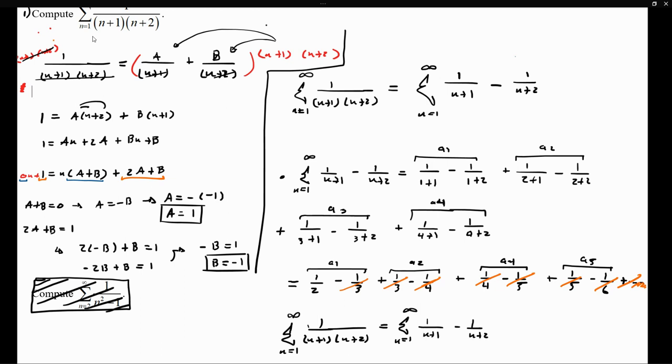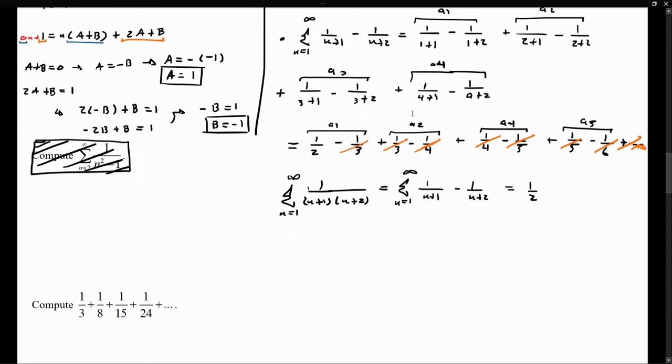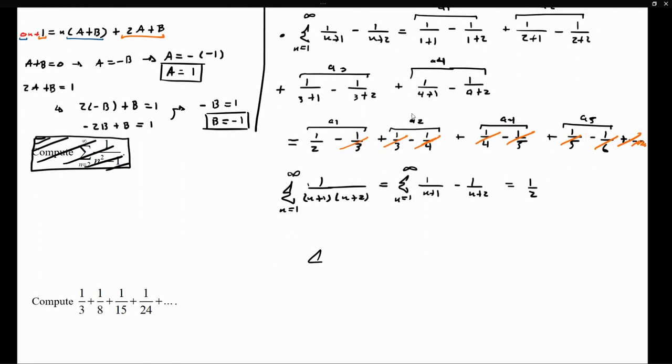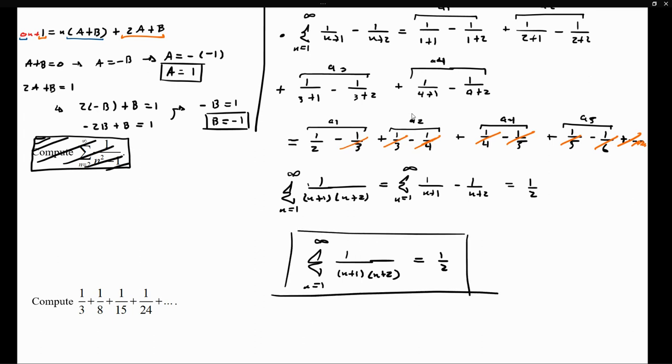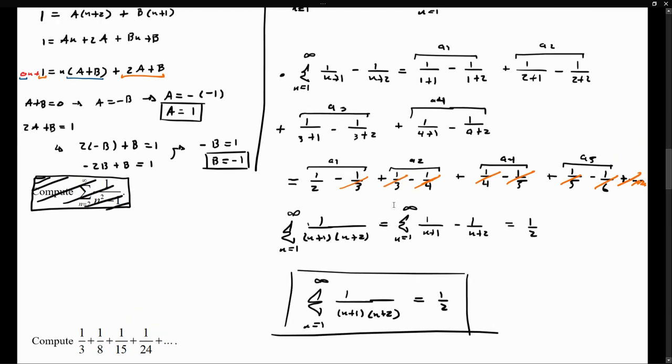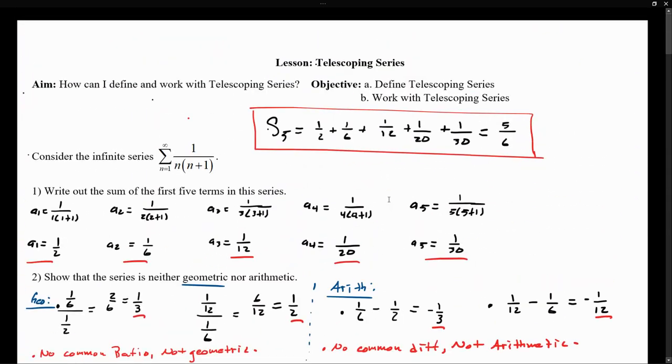And we have already shown that this series is equivalent to just 1/2. So therefore, our conclusion is that the infinite sum is just equivalent to 1/2. So this has been a small lesson regarding telescopic series.